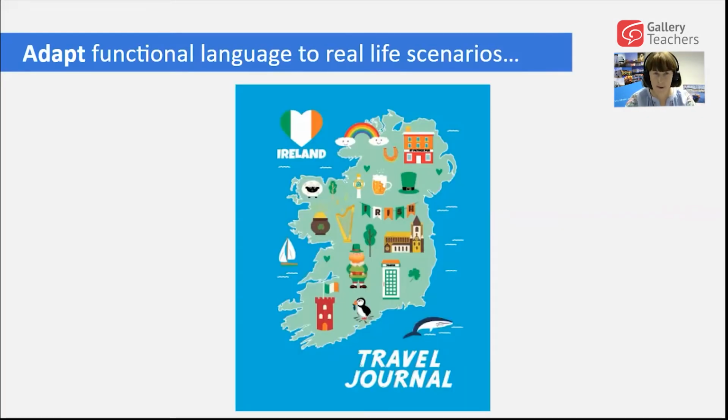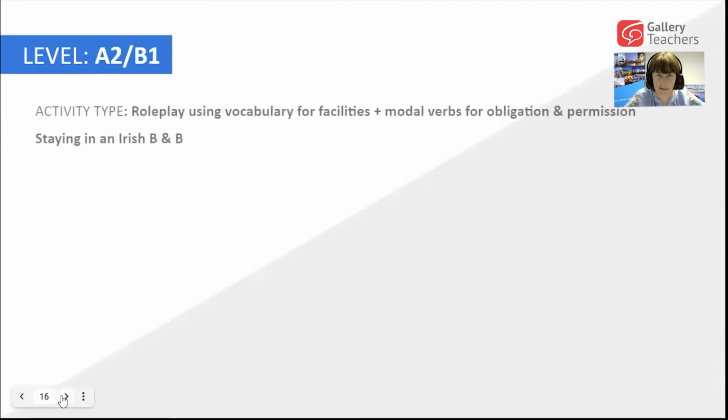Also, another thing that you can adapt is functional language to real life scenarios. So, for example, many students would like to travel around Ireland for the first time. And one of the types of language that they will need for this is some functional language for staying, for example, in an Irish bed and breakfast or in a guest house.